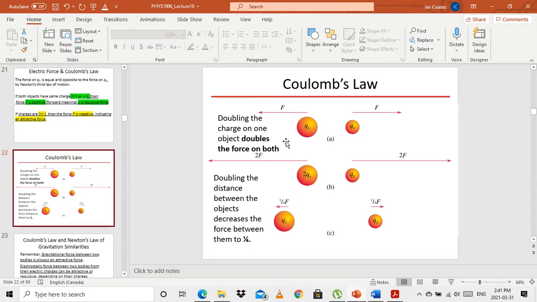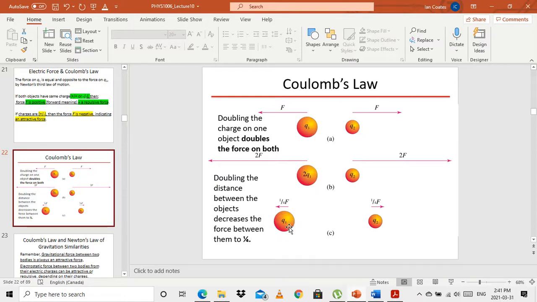But have a look here. Here I have two charges, whatever they are, doesn't matter. If I double the charge on one of these, now I have doubled the force on both. It works the same way as gravitational force did in week 5 or 4, whenever it was.